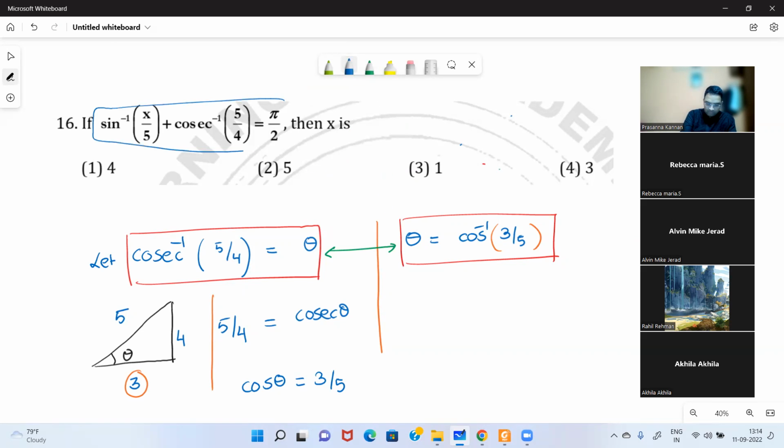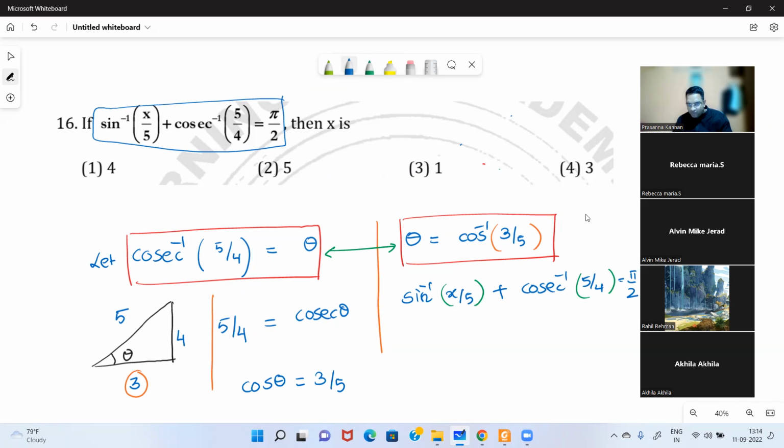So let's now look at the question once again. Let's write it down. Sine inverse of x by 5 plus cosecant inverse of 5 by 4 is equal to pi by 2.